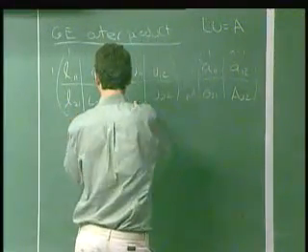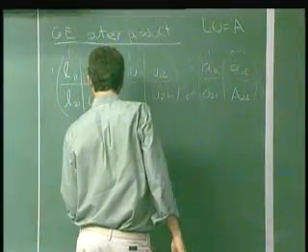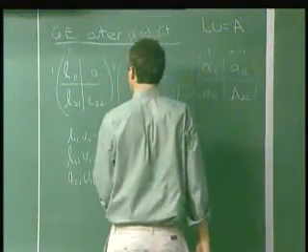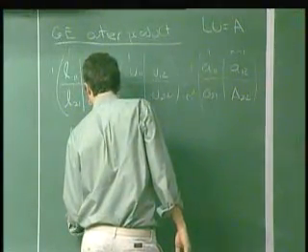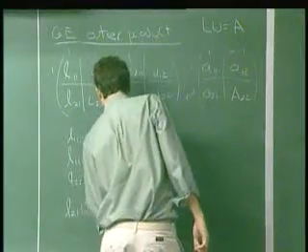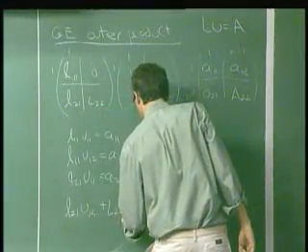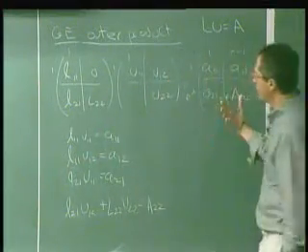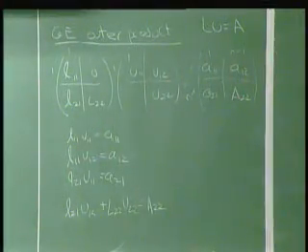I've got L21, U11 equals A21. And then we've got L21, U12 plus L22, U22 equals A22. So those are the four equations that pop out of this block matrix multiply.